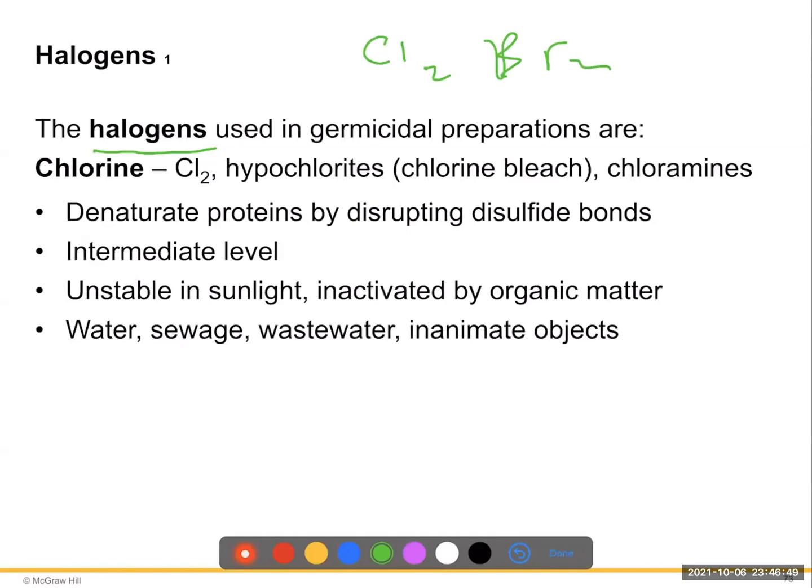Okay. We're using germicide preparations. Chlorine comes as hypochlorite, which is bleach, and chloramines. We denature the disulfide bond. Proteins have primary, secondary, tertiary, and then quaternary structure.